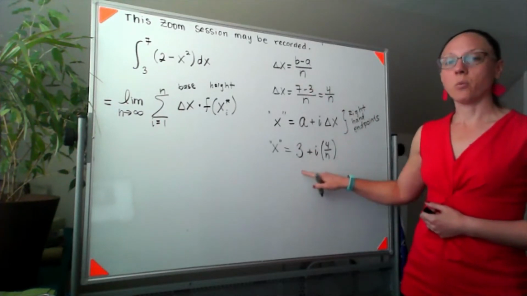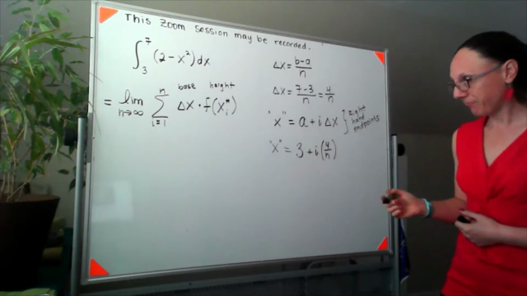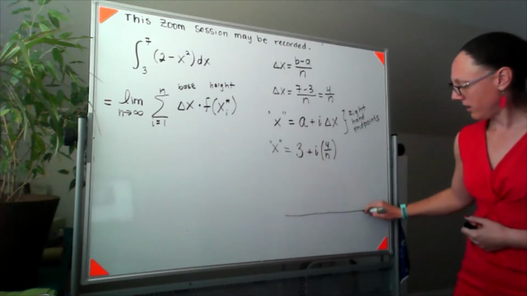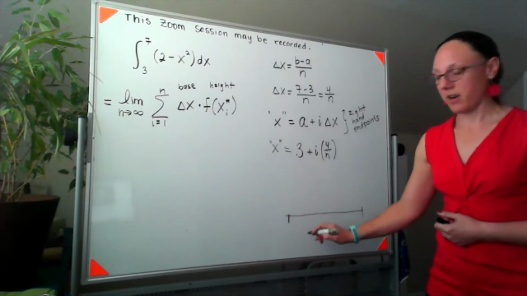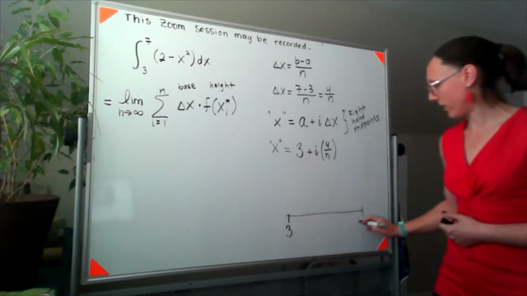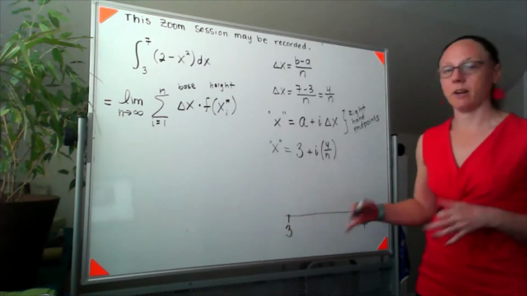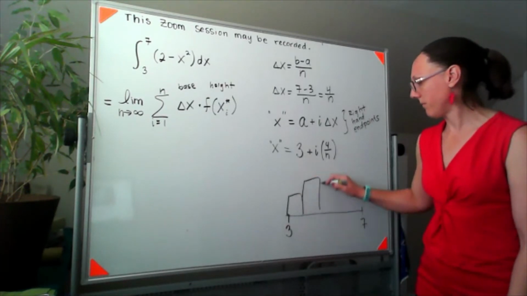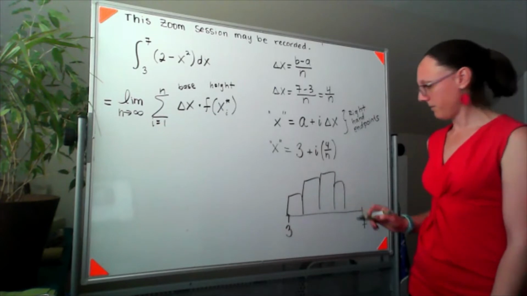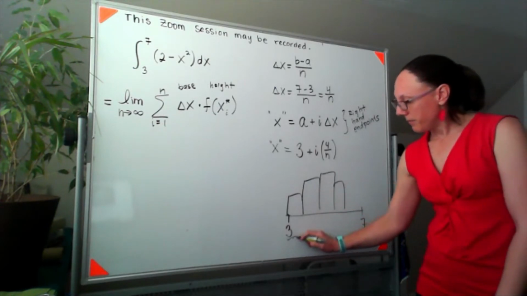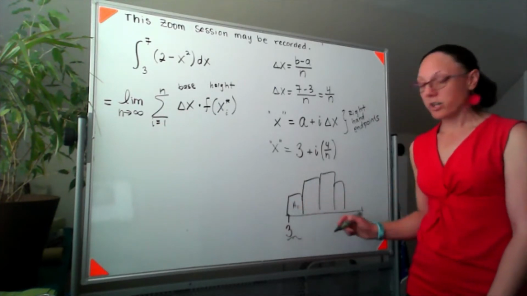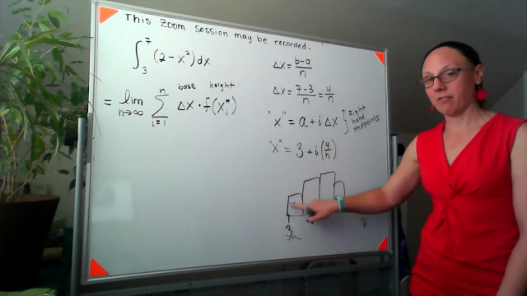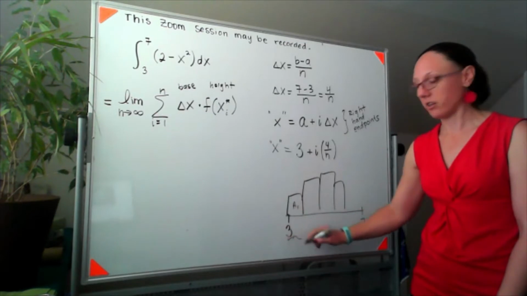And in terms of where this formula is coming from, if I think about that interval on the number line from 3 to 7, and I'm just going to draw in some fake rectangles. Since we're using right-hand endpoints, the right-hand side of that first interval, I started at 3.